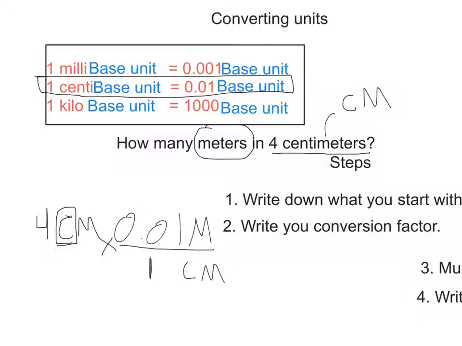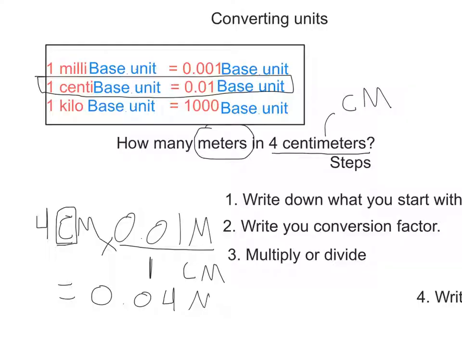My next step then is to multiply or divide. Because they are both on top, I'm going to multiply. And when I multiply that out, I get 0.04 meters.